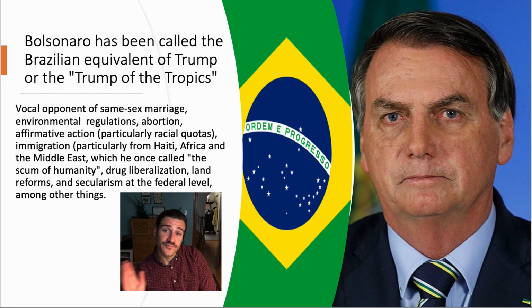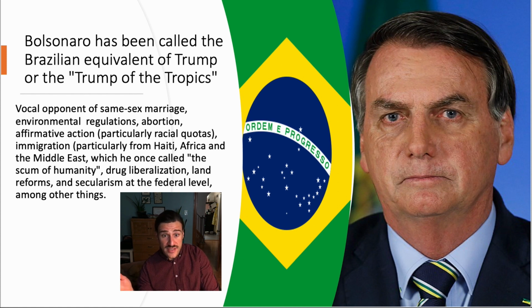But here we have this Brazilian who shares many of his ideas and has looked up to Trump, and thus has been given the name the Trump of the tropics. Quite similar to Trump, he is a religious fundamentalist. He is a vocal opponent against same-sex marriage.